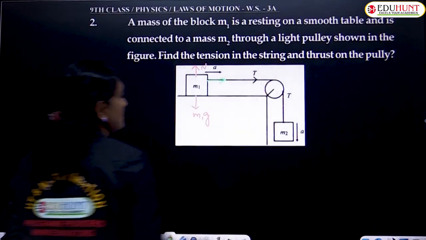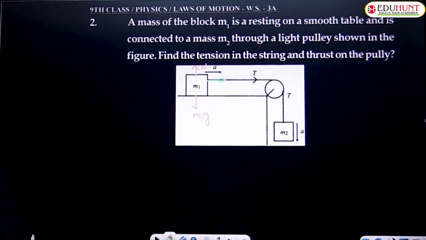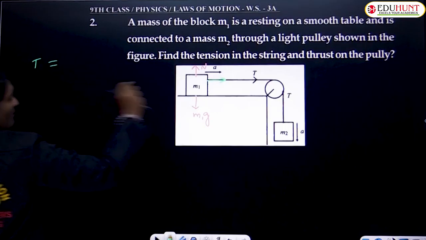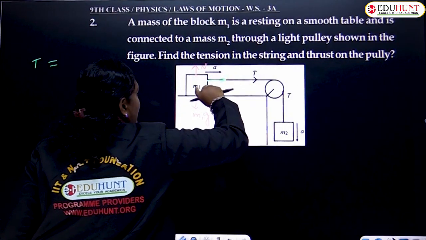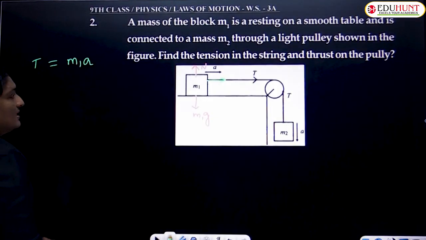As a result, the mass is being pulled. With what force is it being pulled, children? T. So writing the equation, T, the force pulling this block M1, equals M1 times a. T equals how much? M1a.